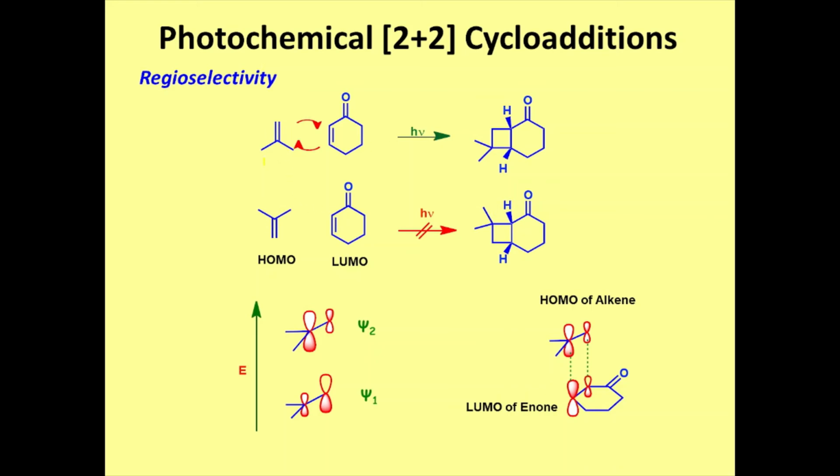Rather, this first way, which is photochemically allowed, and the olefin will approach this way. One of the pi systems will approach this way, and regioselectively we can get that product. So this is another example of regioselectivity of this kind of reaction.